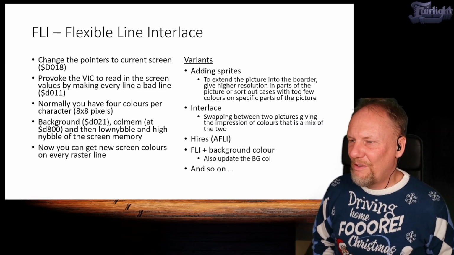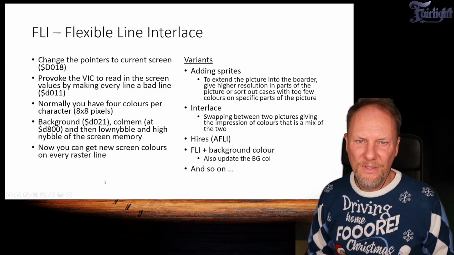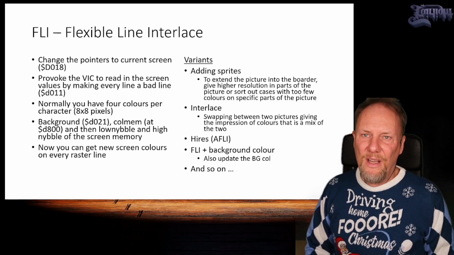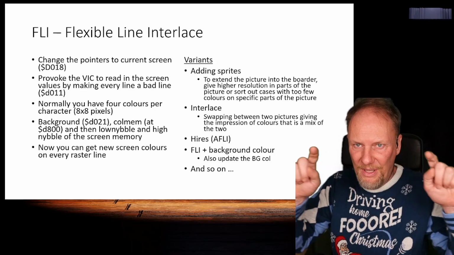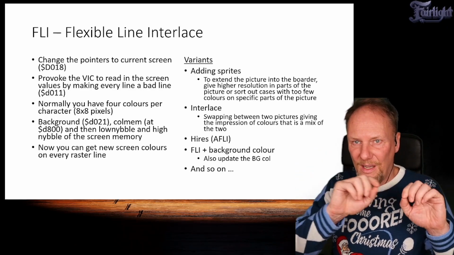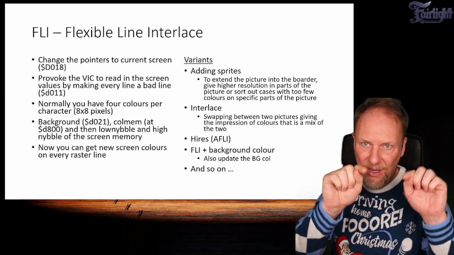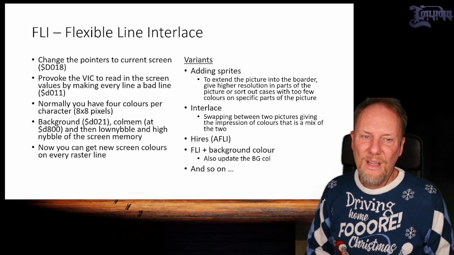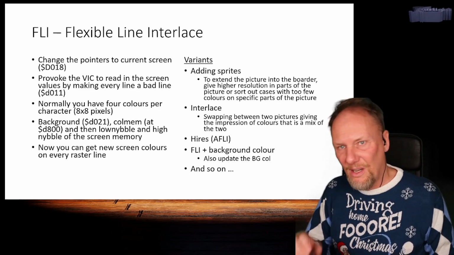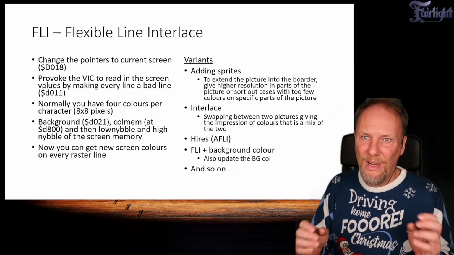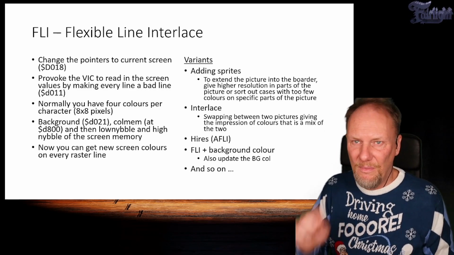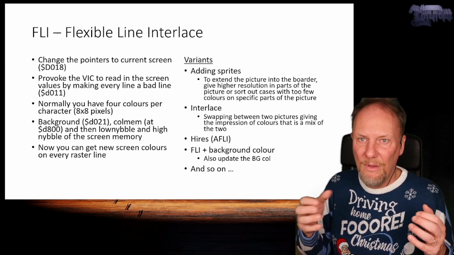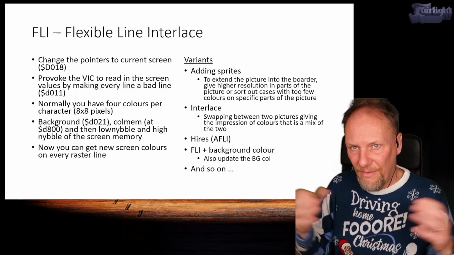Okay, we're getting into the very, very last points here. So FLI, flexible line interlace. As we already discussed on bitmap, you have your screen, and there are a number of colors accessible inside each of the cells, each of the characters, and they are defined by the color memory, the background color, and also the screen memory. The background color is consistent throughout the screen.